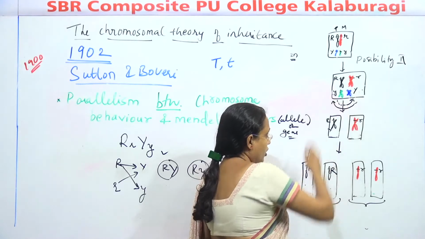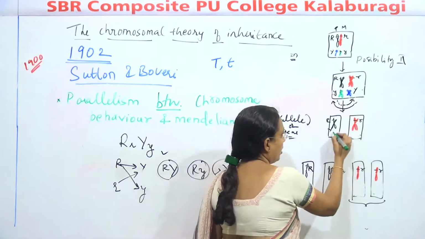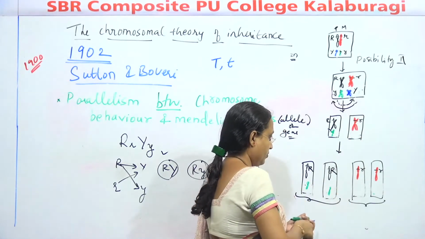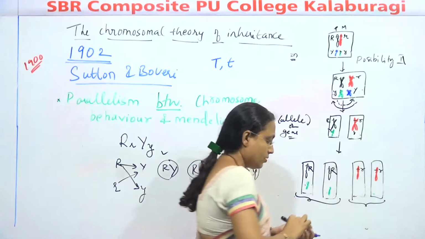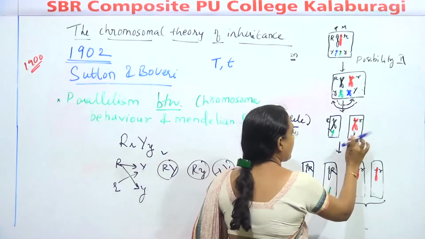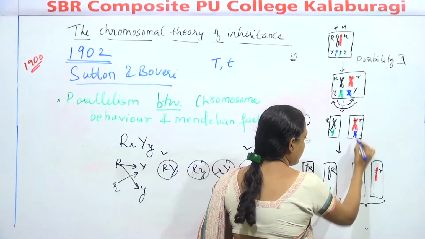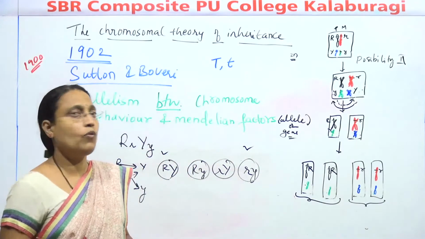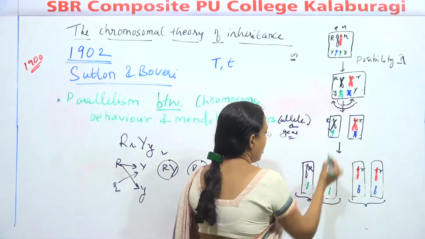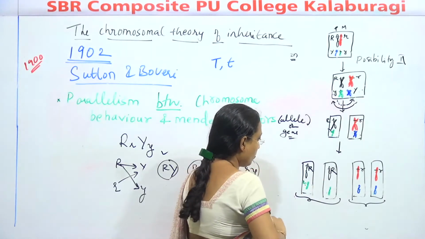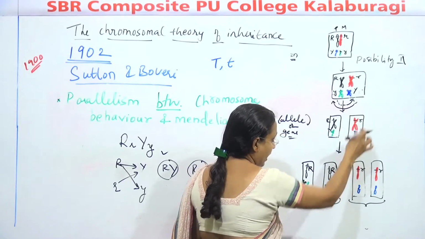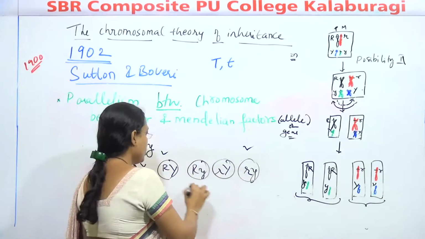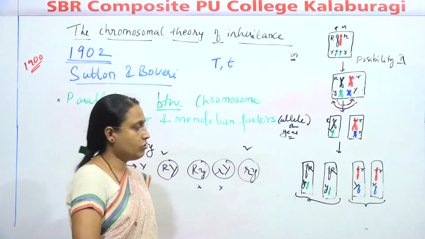So now the direction has changed, the assortment has occurred. Now, if you go for the factors present on this chromosome, this will be small y, and this is going to be the bigger Y. Then come the additional 2 chromosomes formed after independent assortment.